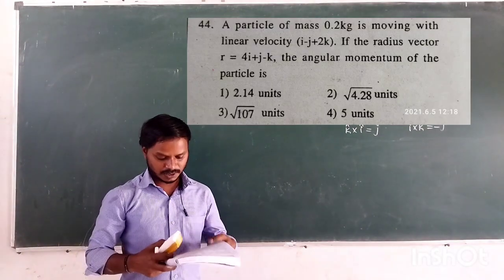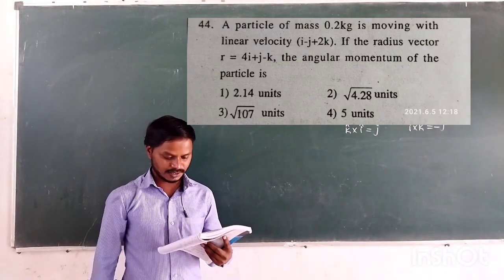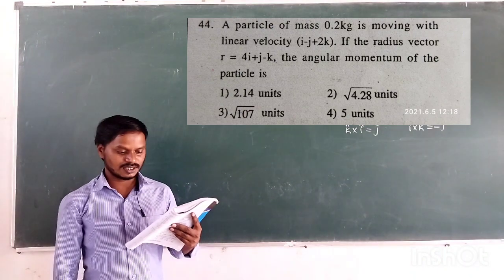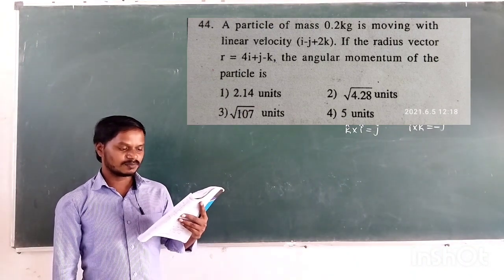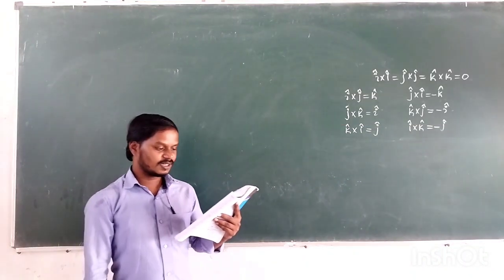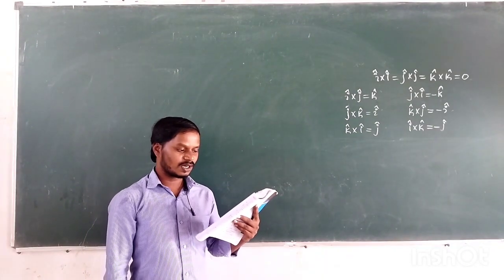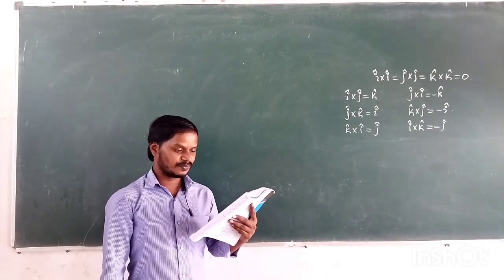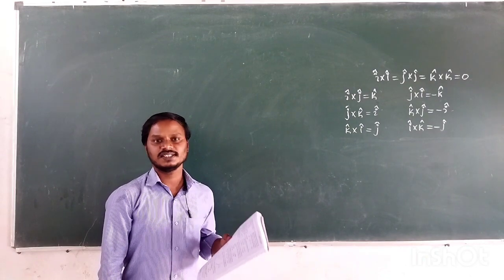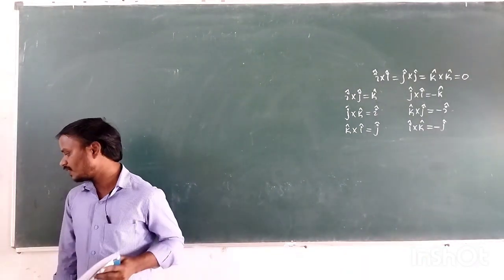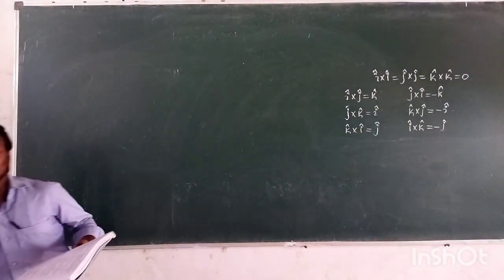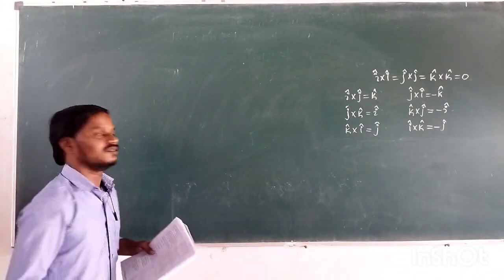A particle of mass 0.2 kg is moving with linear velocity i minus j plus 2k. If the radius vector r is equal to 4i plus j minus k, the angular momentum of the particle is, means we have to find the angular momentum of the particle. First we are going to write the given values.